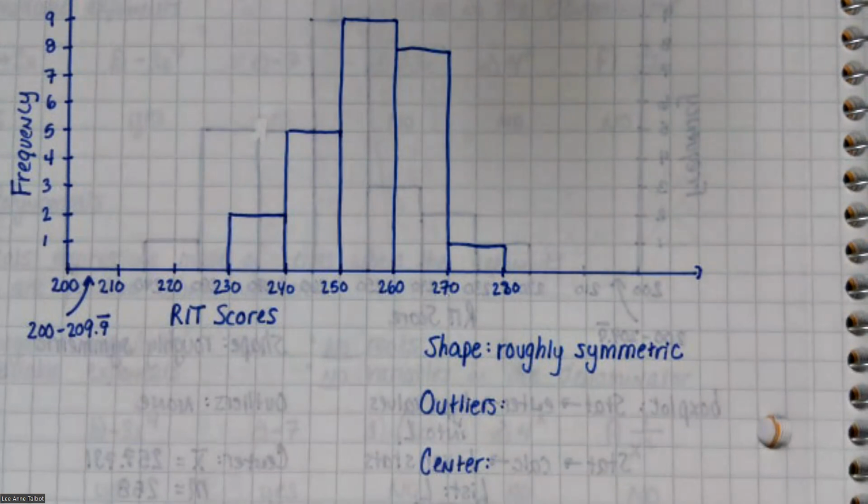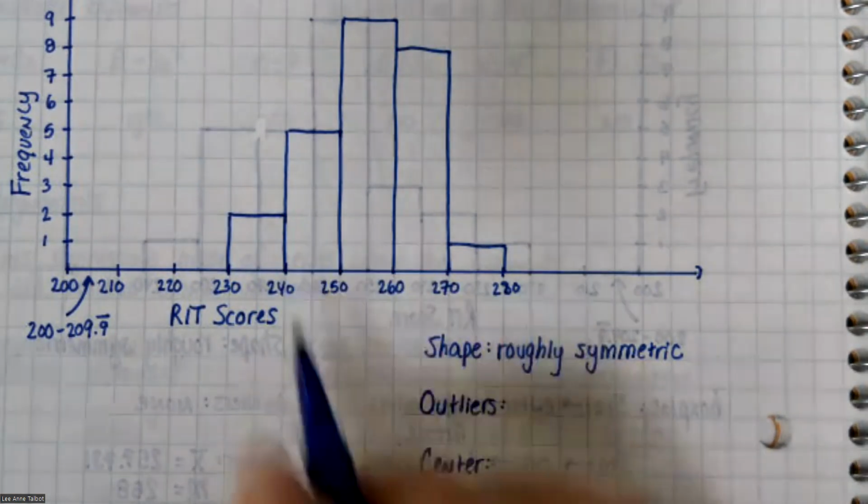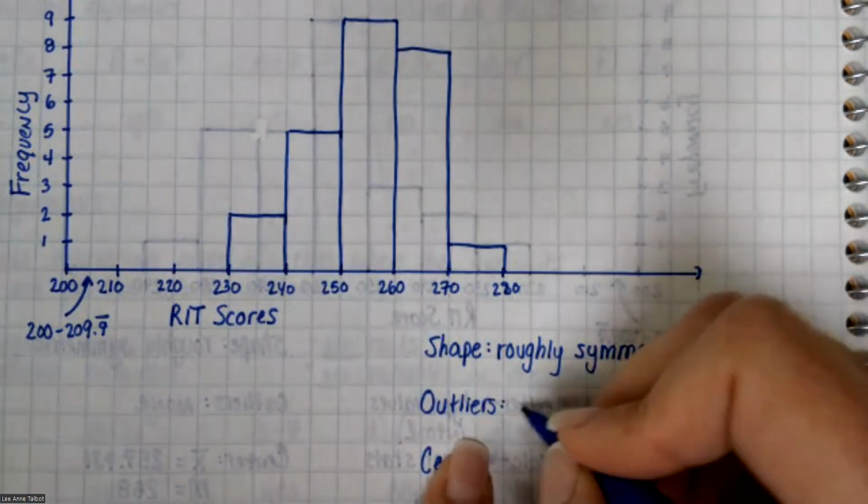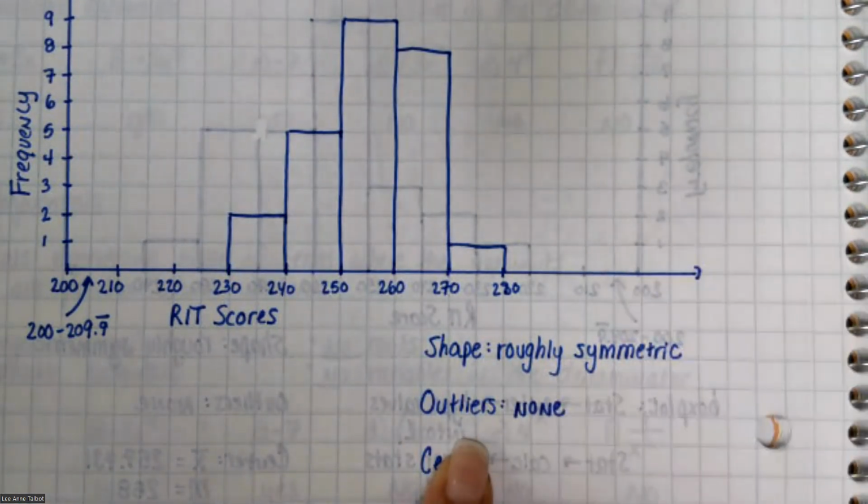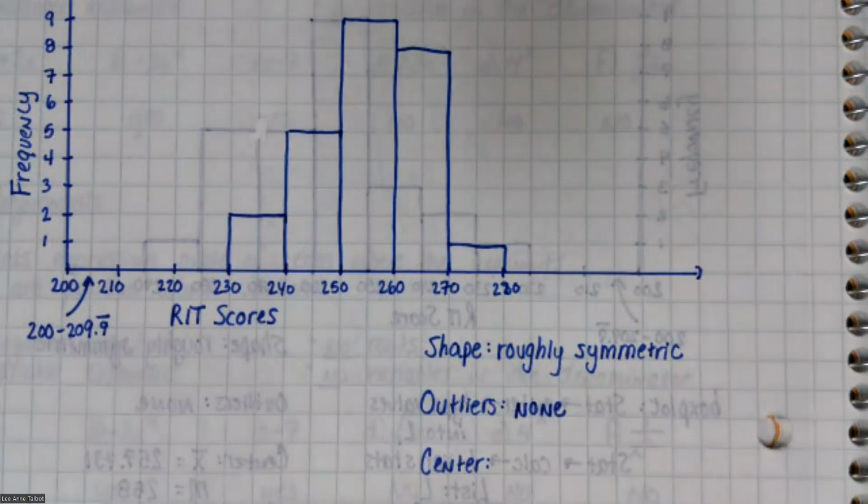Most test data, honestly, is roughly symmetric. It makes sense if you think about what you're actually graphing. And then outliers, I don't see any. That's a good thing. When you're working with a data set, having an outlier is a bad piece of data, usually not necessarily with test scores, but most of the time you want your data to be close together. It shows like a correlation with something you're studying. But anyway, none is a perfectly fine answer for outliers. Do you have any questions so far?